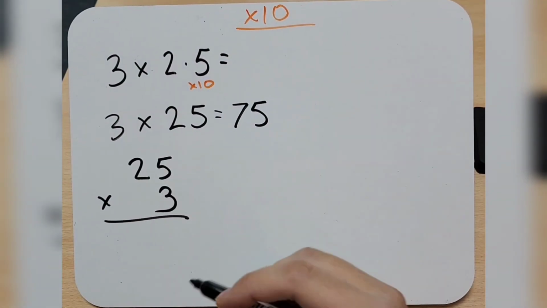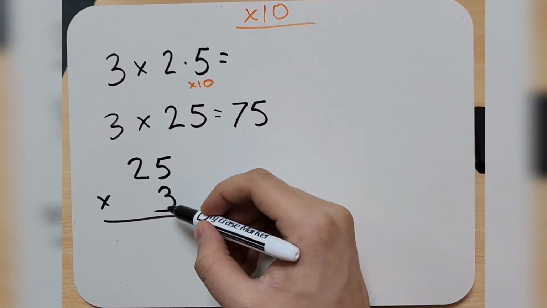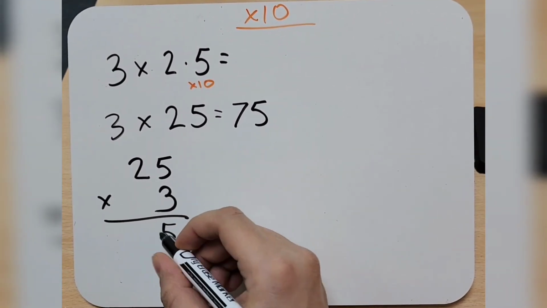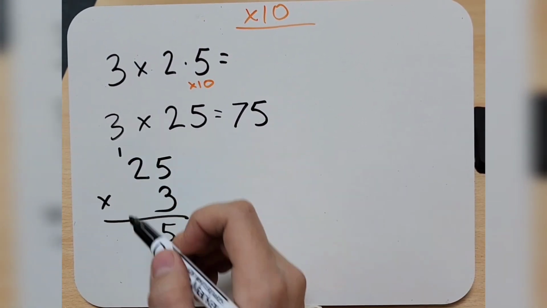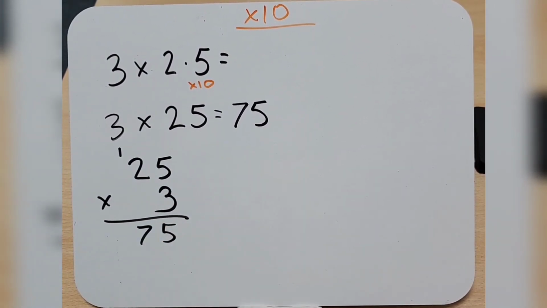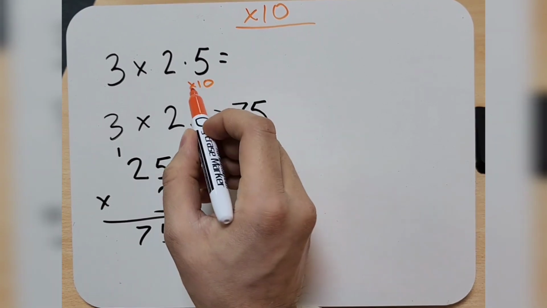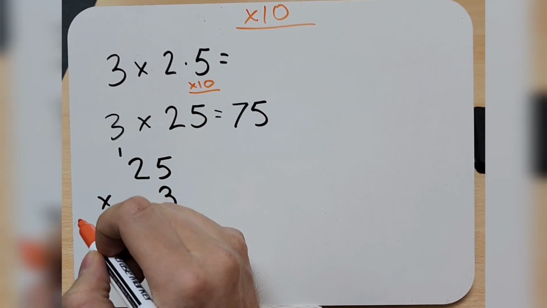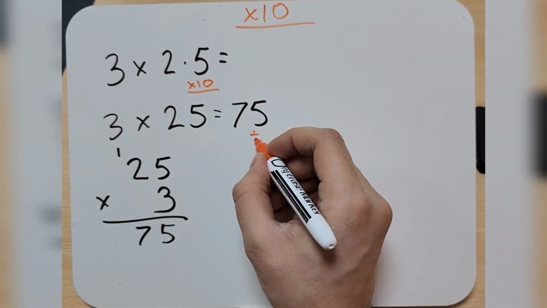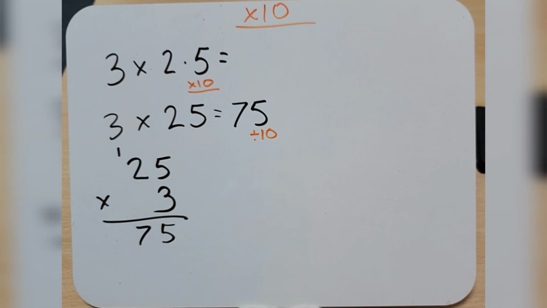If we want to check it through column method, you can do 3 times 5, which is 15. Carry the 1. 3 times 2 is 6. Add this one. There we go, 75. It's important to understand that it is 10 times too big. So what can we do? We're going to need to divide this by 10.